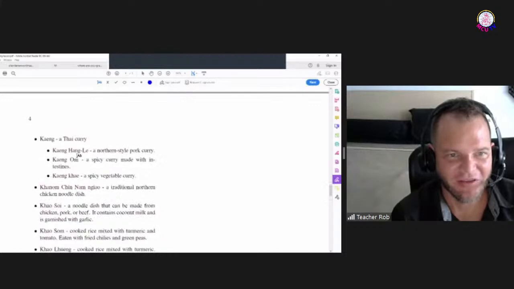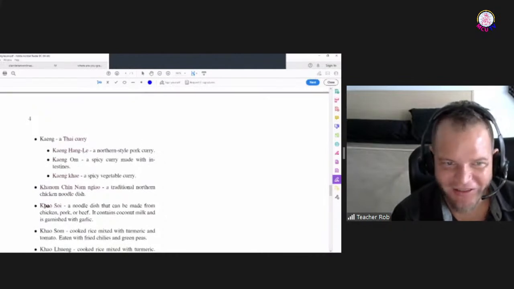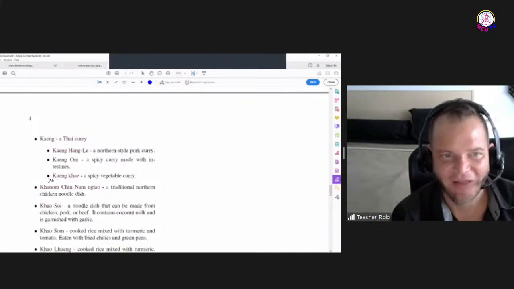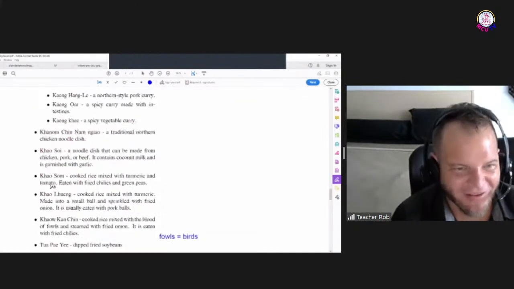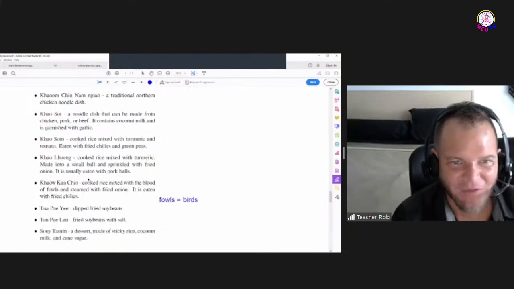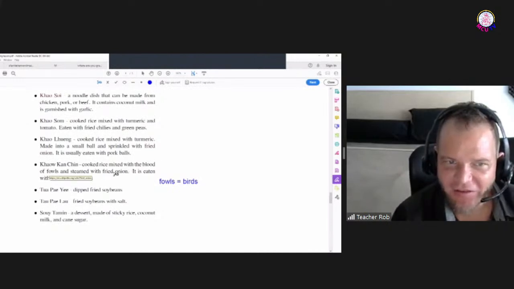Like these Thai curries. I'm sure I've had that northern style, that King Hong Lee one, that chicken noodle one. I know I've had cow soy about 1,000 times. And I think I've maybe had this one with blood in it. I know I've had cooked rice and steamed with fried onion. That seems familiar, especially when it's got chilies in it.